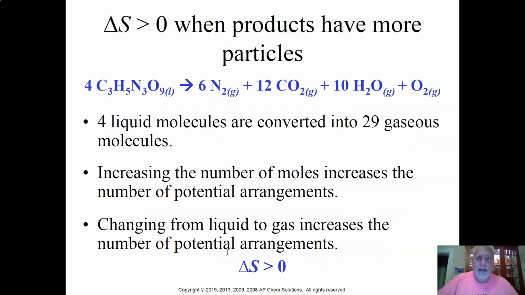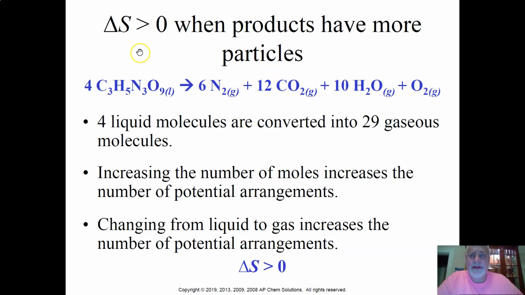And of course, vaporizing, also the same thing, even more so when that's happening. Now, if you look at this chemical reaction here, 4 molecules of a liquid on this side, and over here, 29 gas molecules on the right side.